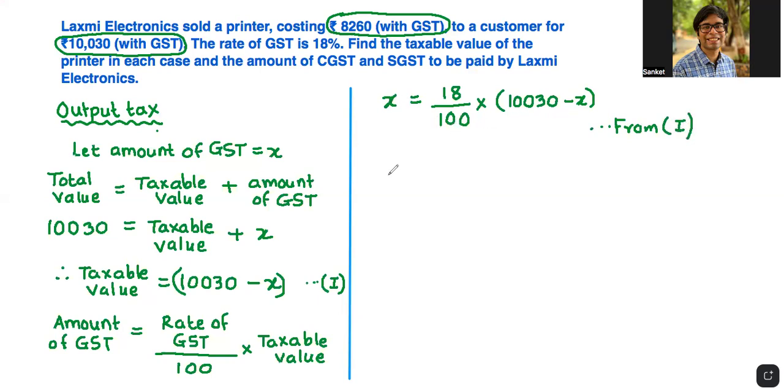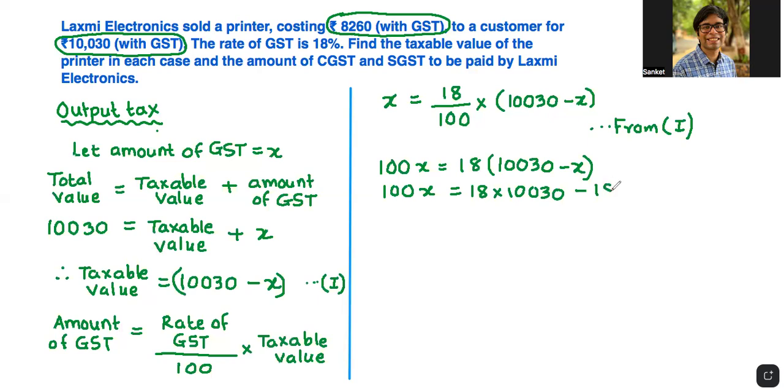I multiply 100 on both sides. So I get 100X is equal to 18 multiplied by 10030 minus X. So 100X is equal to 18 multiplied by 10030 minus 18X.